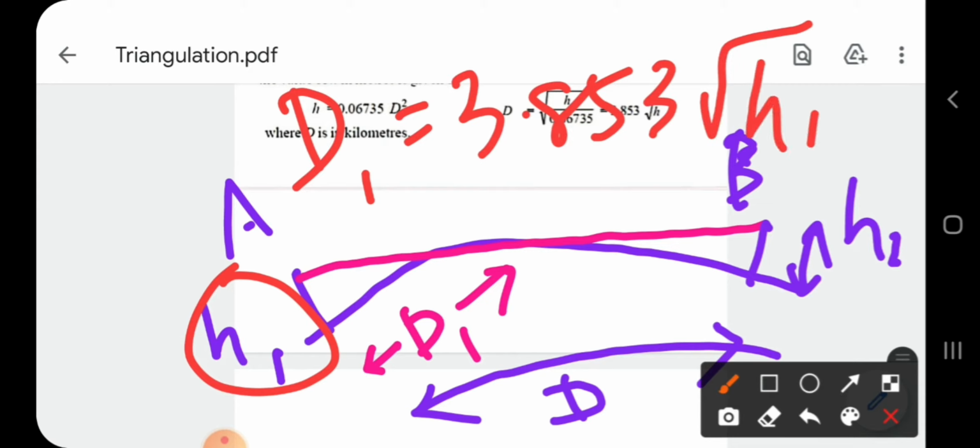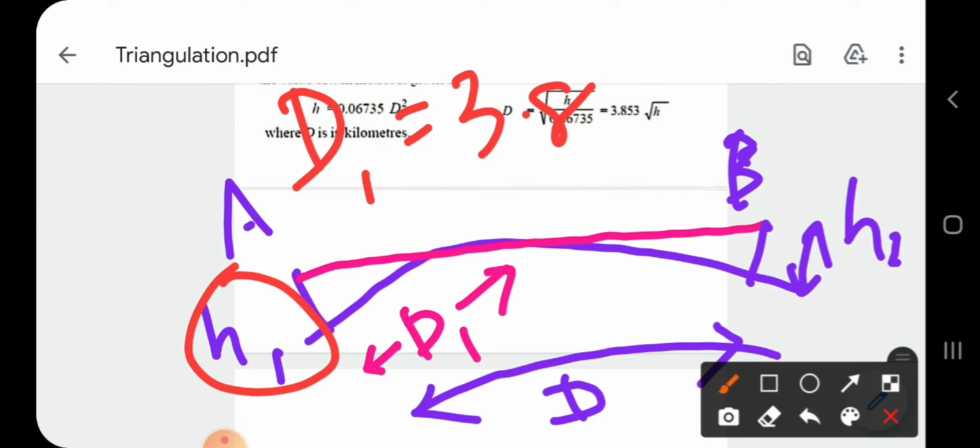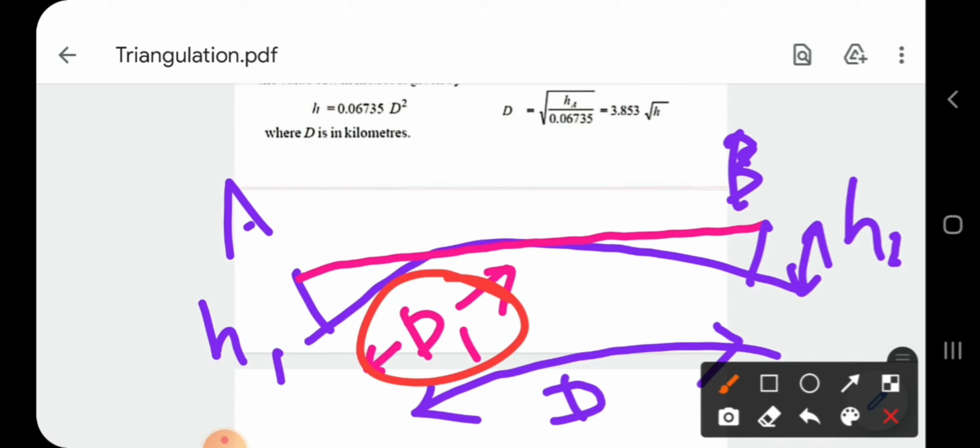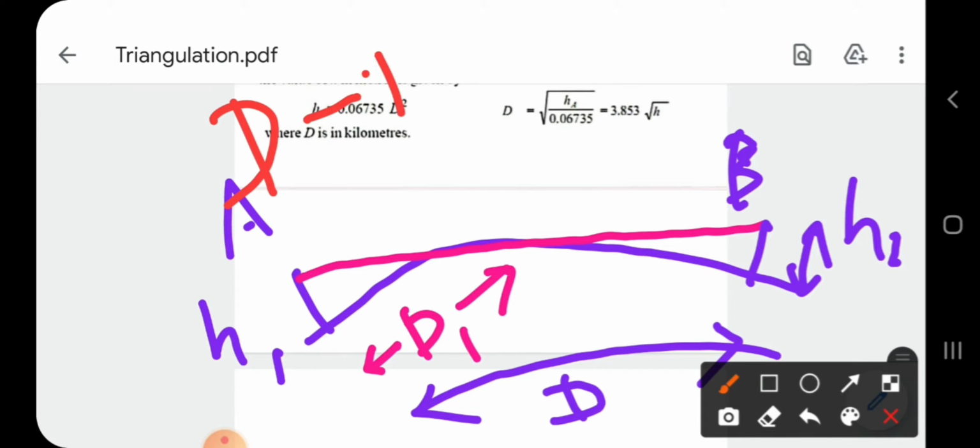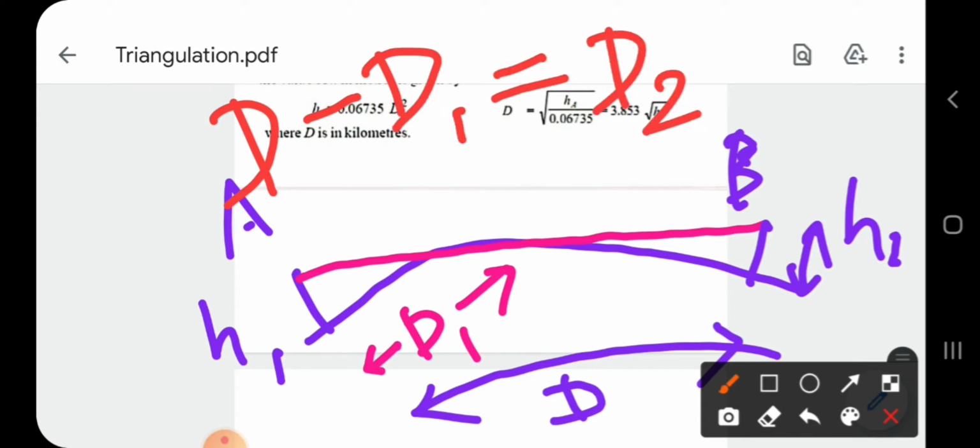After substituting that, we will get the value of d1. We already know D, and d1 we found out. So D minus d1 will give the value of d2. d2 means from the horizon to the next point b.